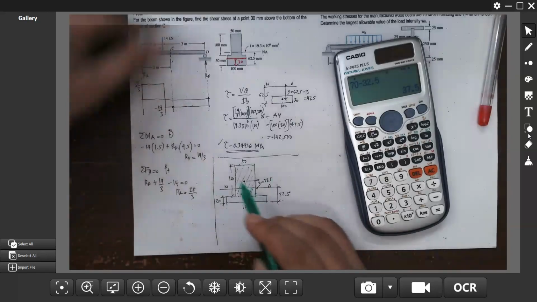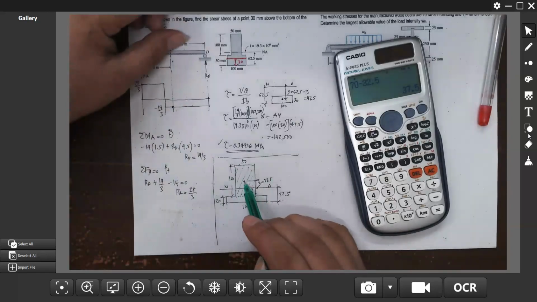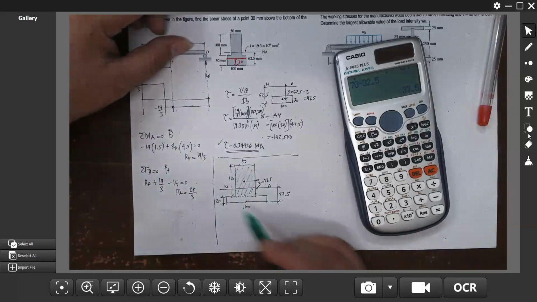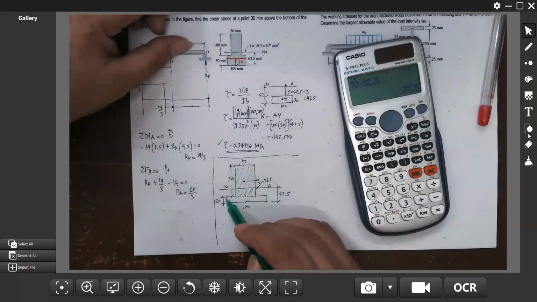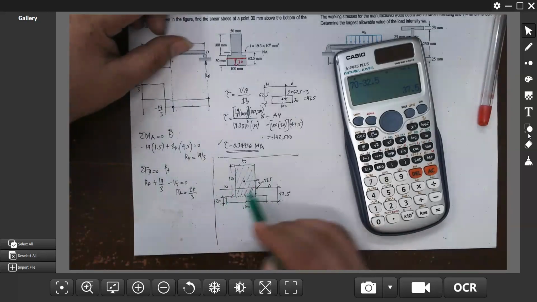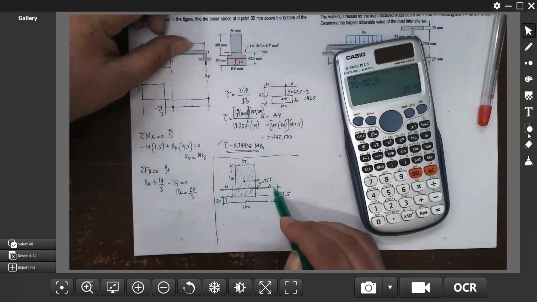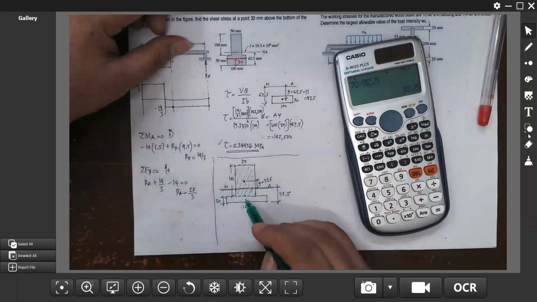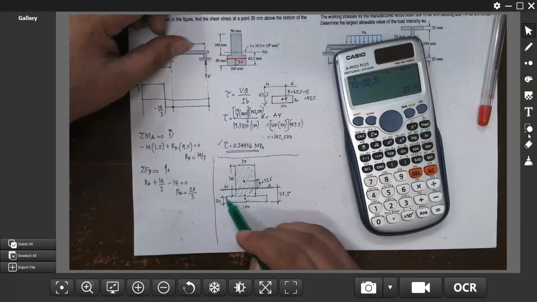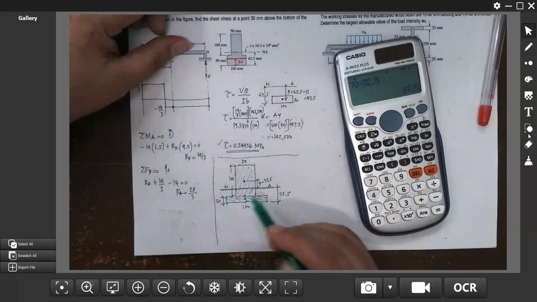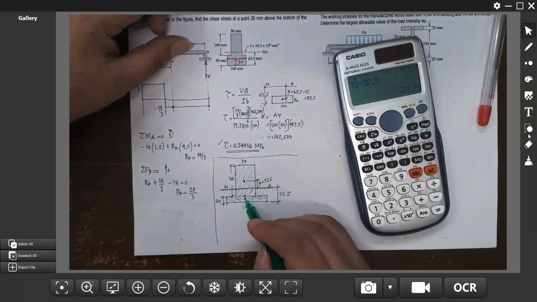Take note, the top part of the 100 is 50. So 50 plus 20 is 70 minus 32.5, 37.5. This one is positive because it is above the neutral axis, while this one is negative for y.